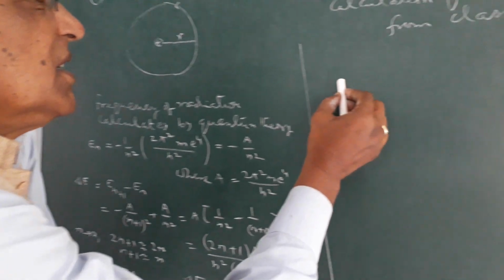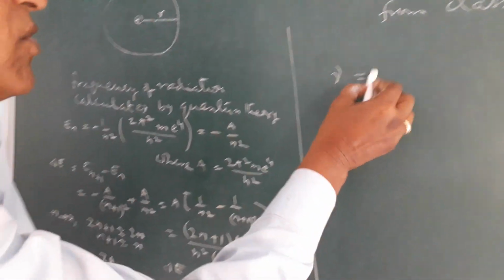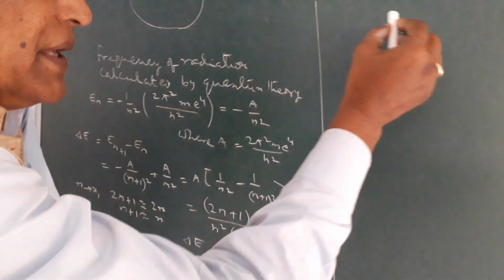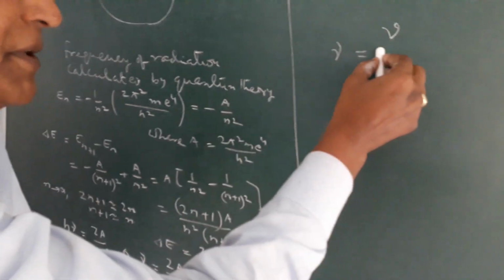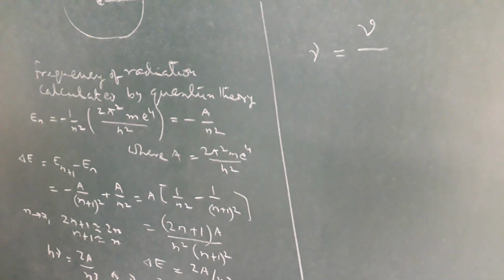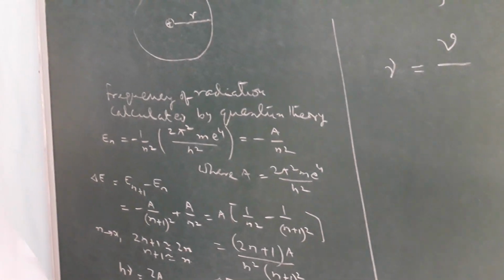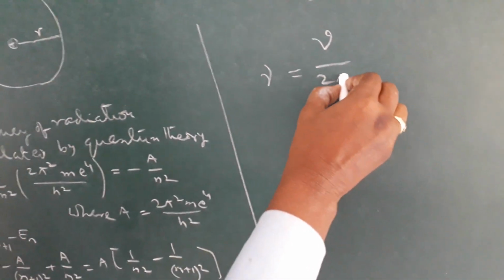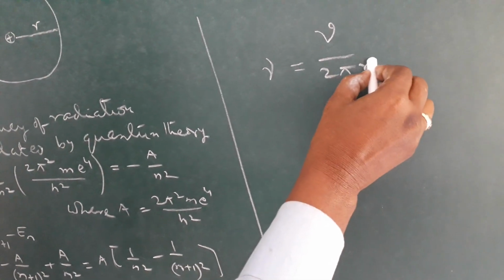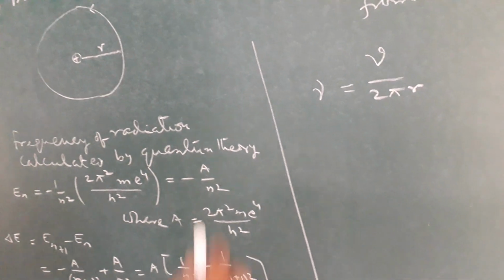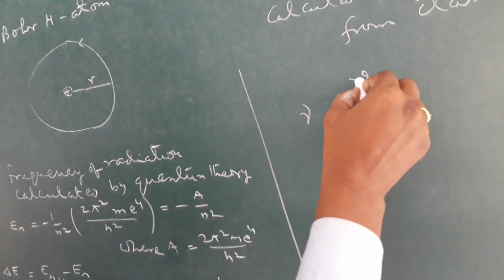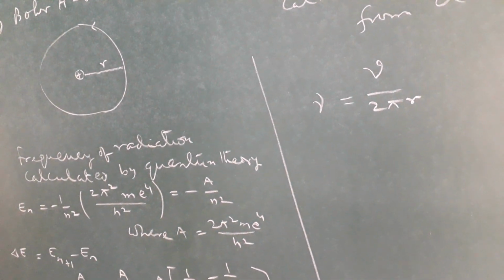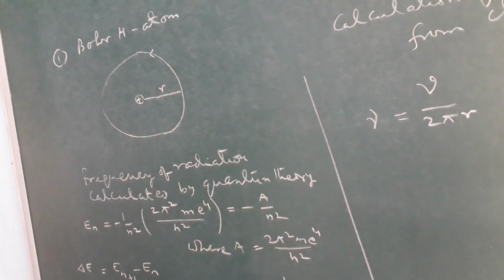So the frequency of this electron moving in the circular orbit will be equal to v, the velocity of the electron moving in the circular path, divided by the circumference of the orbit. So this is equal to v by 2 pi r, the frequency of rotation of the electron in the hydrogen atom.